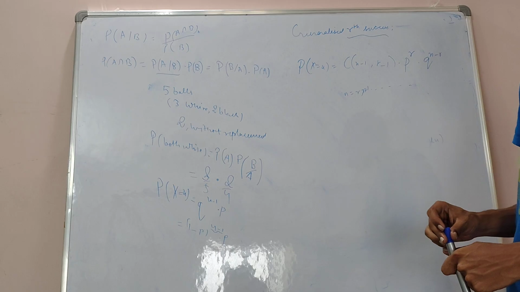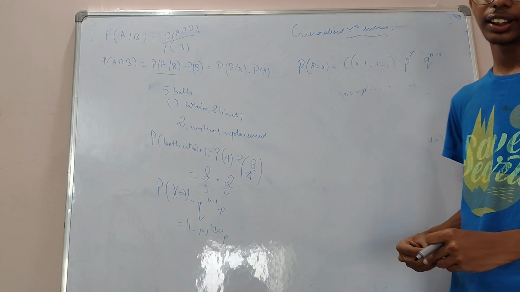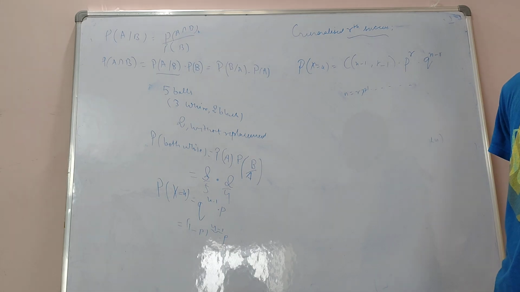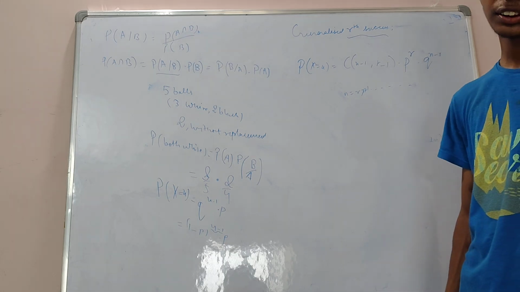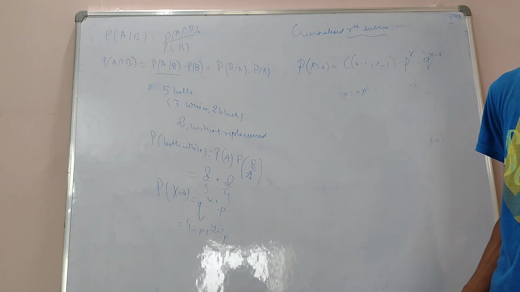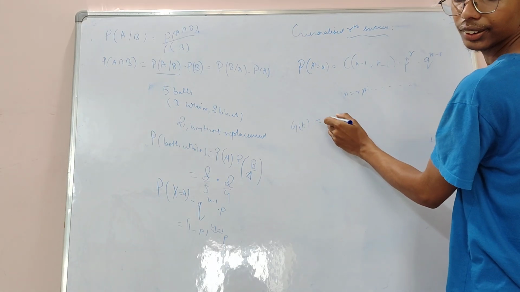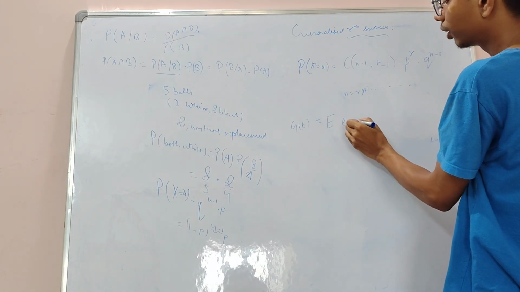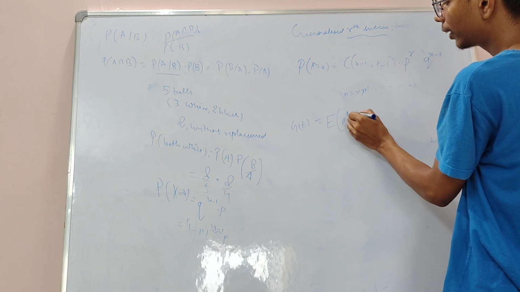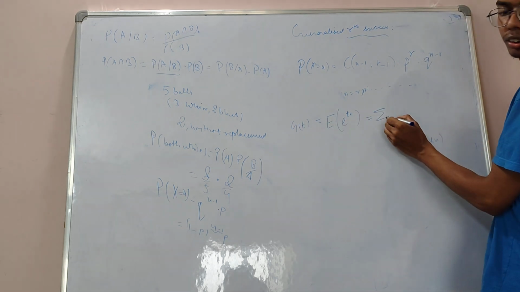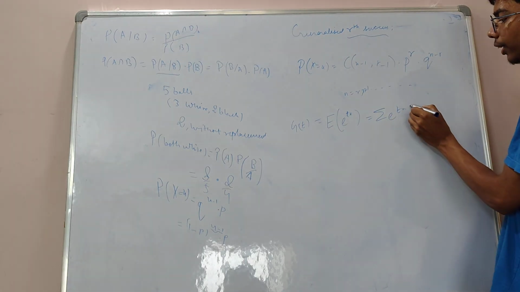Now we will discuss MGF, the moment generating function. It encodes all information about the distribution. Once you have the MGF, you can find the mean and variance by differentiating. Suppose I have g of t given as E of e to the power tx, which is equal to the summation of e to the power tx p(x).